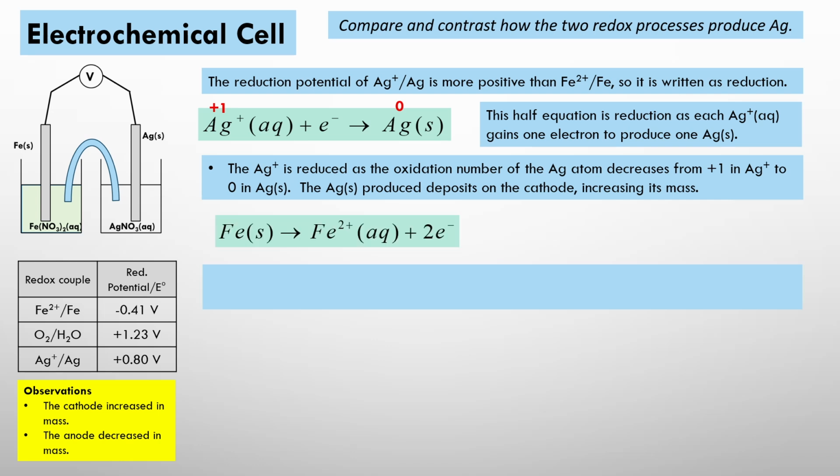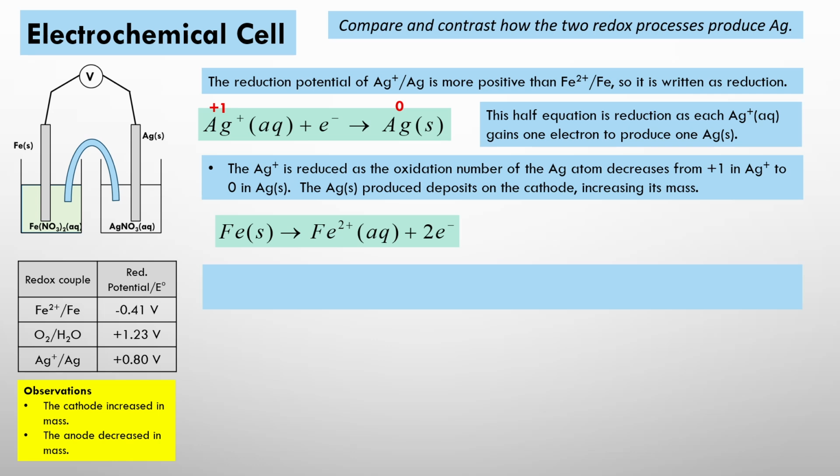Now, because here the Fe's are balanced, I have one iron atom in the solid here and one in the iron here. But we can see that the charge isn't balanced. So we're going to add 2 electrons to balance the 2+ charge and make it neutral charge on both sides.